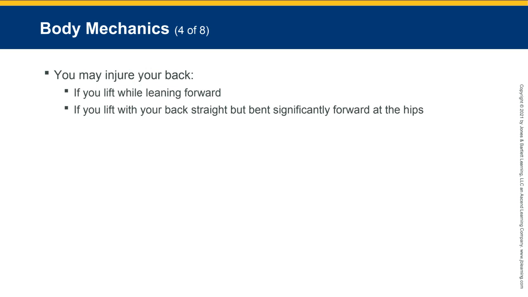You may injure your back if you lift while leaning forward. Protect your back. Your back is not designed for lifting. There are exercises to make your back more flexible and to develop the back muscles, but it's still not designed for weight bearing. If you lift with your back straight but bend significantly forward at the hips, it can cause injury.